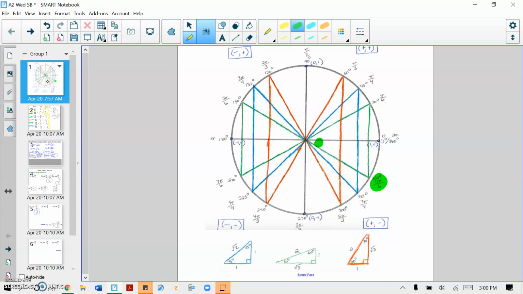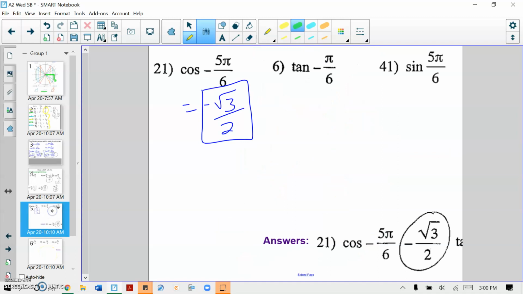So tangent is opposite over adjacent. Well, the opposite side, that is a 1, but notice how I'm going downwards. That means we're going to use negative 1. And the adjacent side is square root of 3, but it's positive because I'm going to the right. So negative 1 over square root of 3 should be my answer for this one.